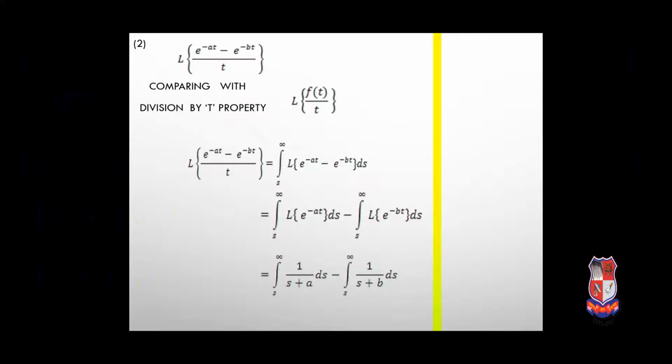Then Laplace of e raised to minus at minus e raised to minus bt upon t is equal to the integration from s to infinity of Laplace of e raised to minus at minus e raised to minus bt ds. Laplace of e raised to minus at is equal to 1 upon s plus a, and Laplace of e raised to minus bt is equal to 1 upon s plus b. Then we have to integrate 1 upon s plus a and 1 upon s plus b.